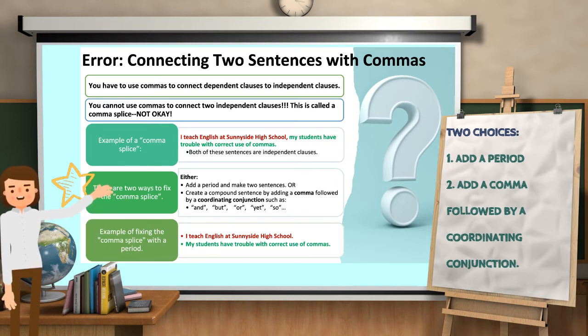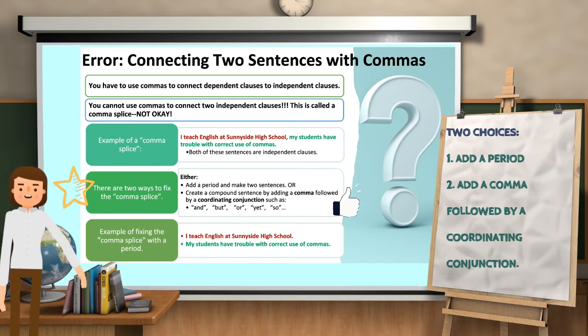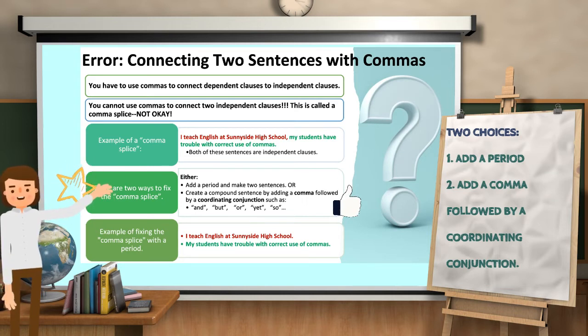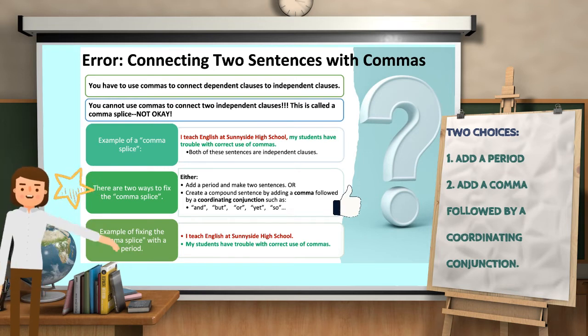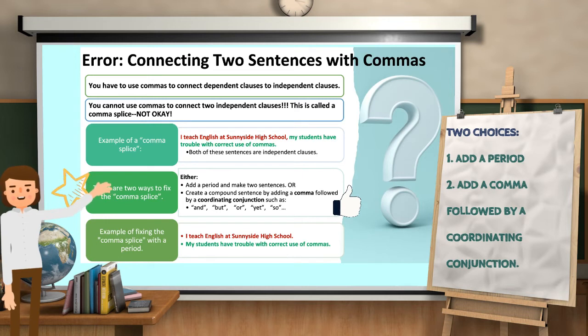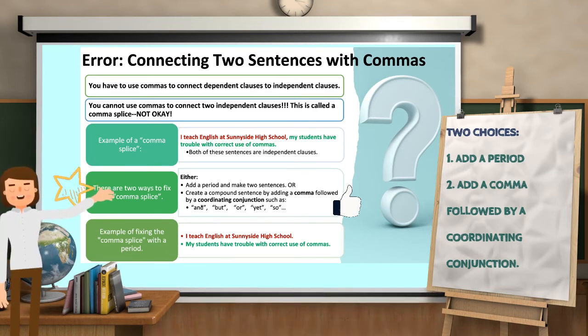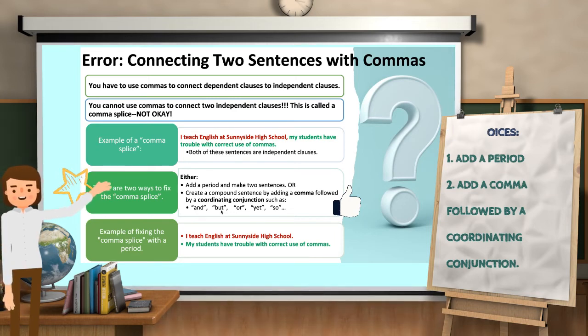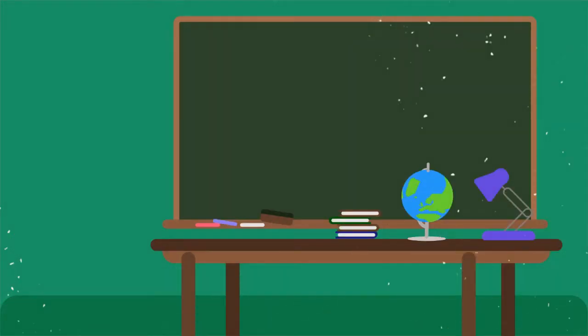Or you can create a compound sentence by adding a comma followed by a coordinating conjunction such as and, but, or, yet, or so. So I teach English at Sunnyside High School, and my students have trouble with the correct use of commas. And make sure that when you add that coordinating conjunction, you put a comma before it.